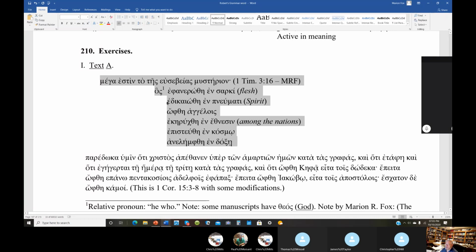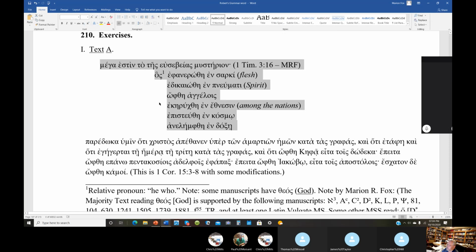Well, I would argue this: the fact that it's poetic doesn't prove it was a hymn. It proves it could be a hymn, but it doesn't prove it necessarily was. I think it might have been a hymn in the church that they sang. We don't know for sure. There's no way of knowing, I don't think. Any questions now?